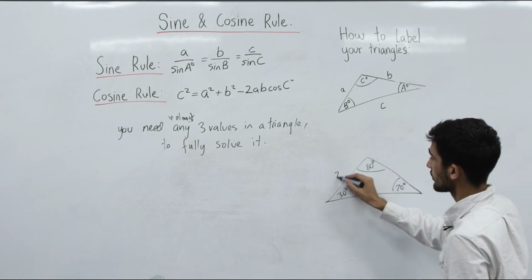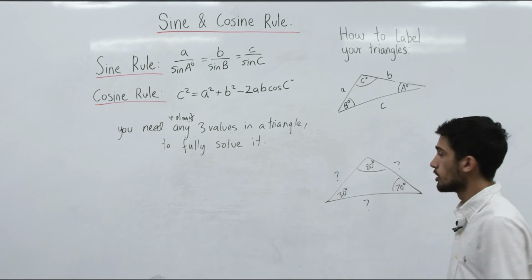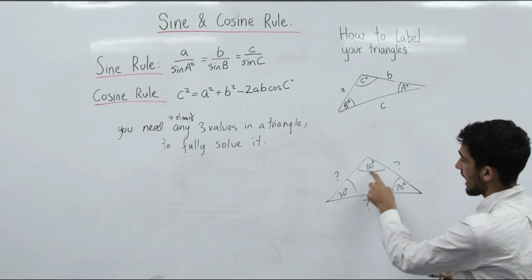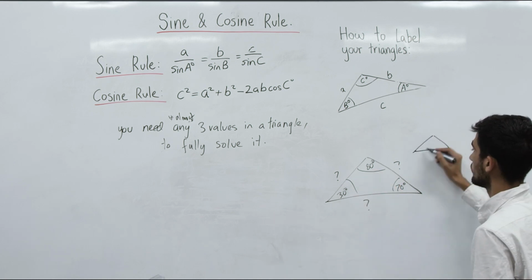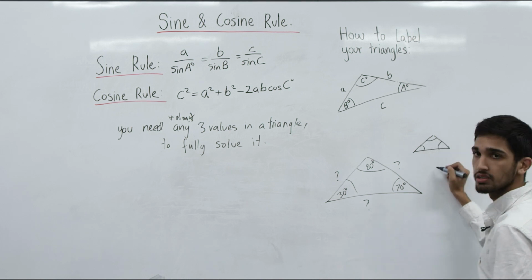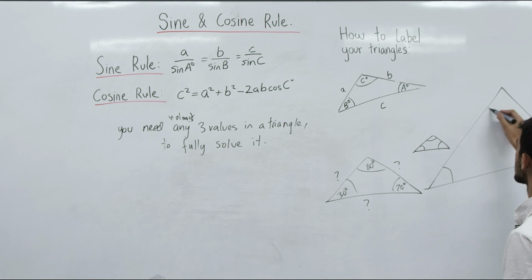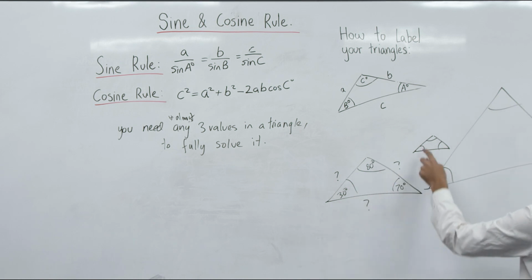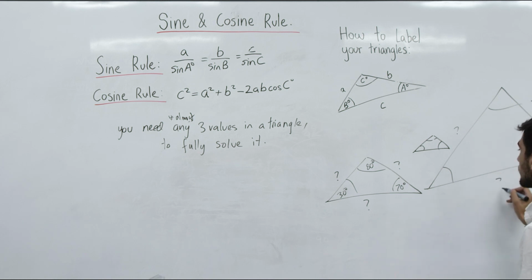I can't figure out what's this side length, what's this side length, and what's this side length, because when we only have these angles here, we could draw a triangle very small with the same angles, or we could draw a triangle that's massive with the exact same angles, 30, 80, 70. Okay? And there's nothing to fix the length of our sides.